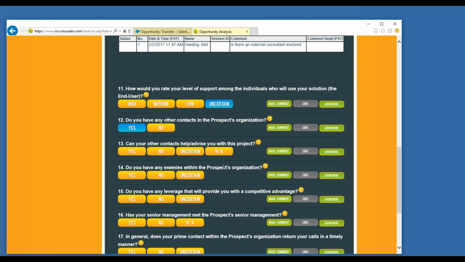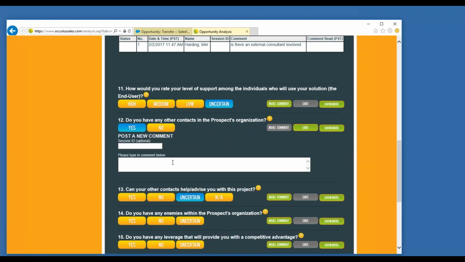You know what? He's in a completely different department, and I'm reluctant to say no because I really haven't asked. His name is Steve, by the way. I really haven't asked Steve if he knows about this project. So I'm going to say uncertain. I'm going to make a note: Steve Rogers.